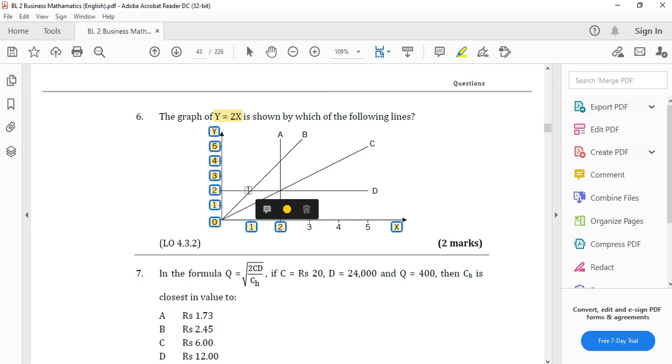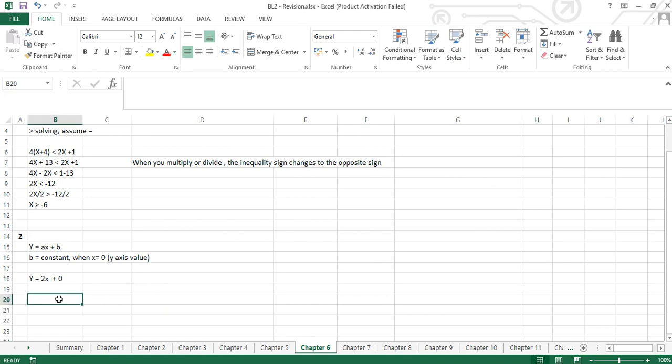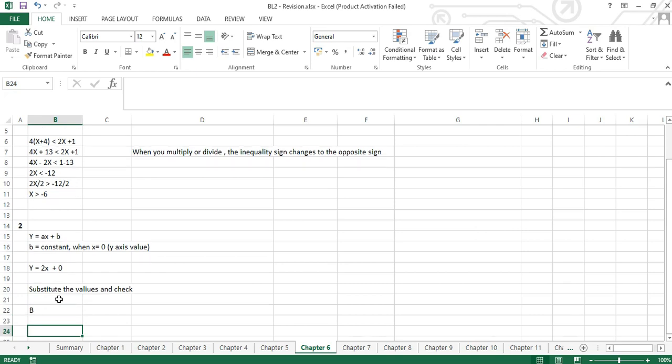Actually, its point is over here, which is on the line B. And if you take x equal to 2, y will be equal to 4, which is again on line B. So the correct line representing y equal to 2x is line B. So you substitute the values and check. Answer B.